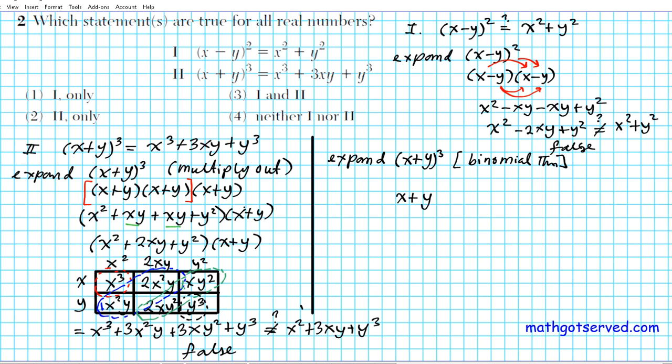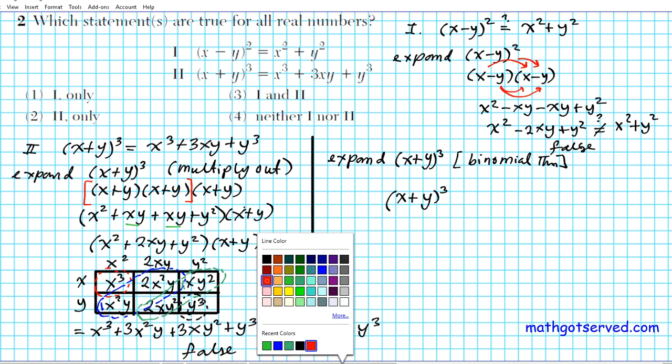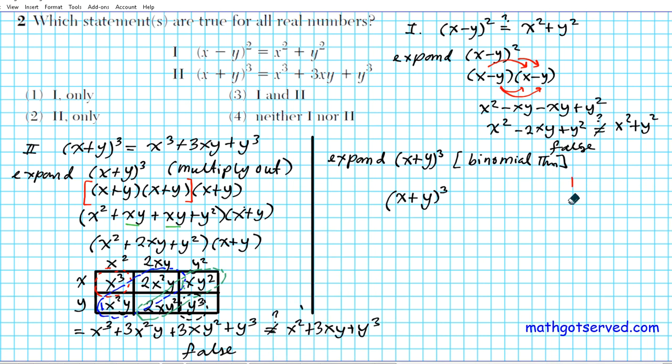We're going to the third power, so we're going to generate Pascal's triangle up to the third row. Starting with row 0 is 1, 1, 1 for row 1, 1, 2, 1 for row 2, 1, 3, 3, 1 for row 3. Remember, you always start from row 0.